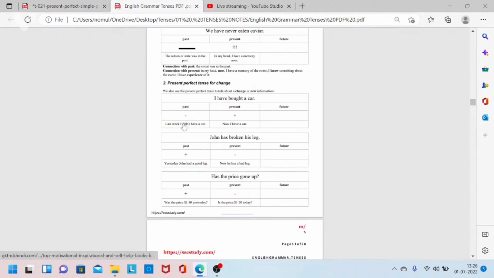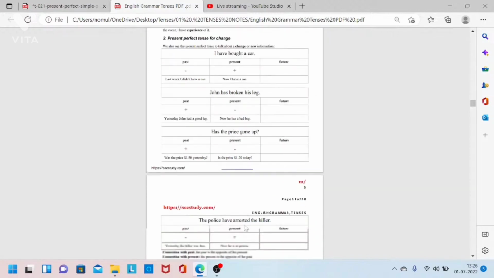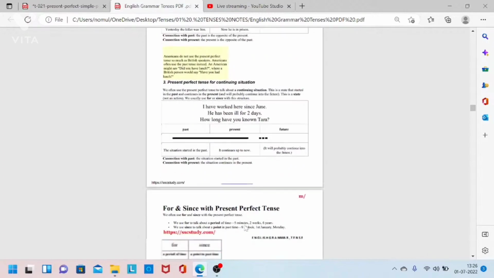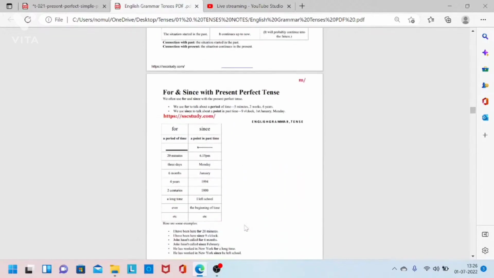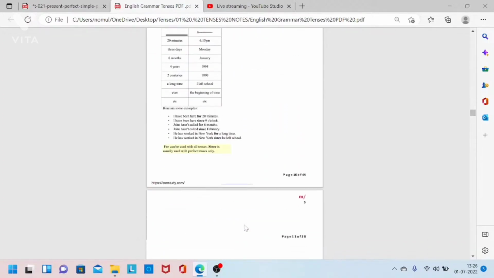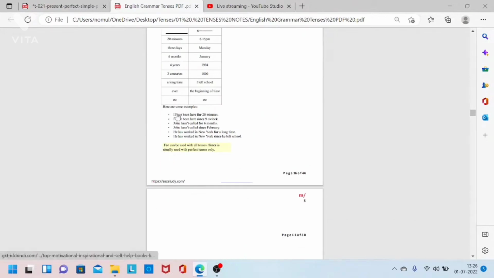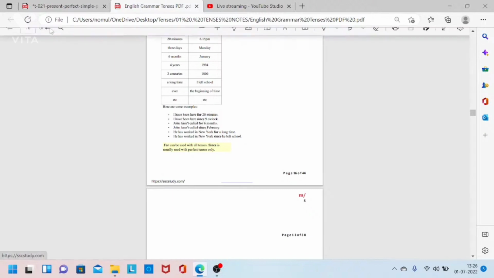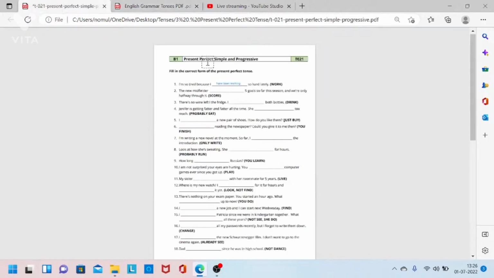Last week I did not have a car. Not this, let's have a good example. See here it is: I had been here for 20 minutes. So we have been using I have been, and the same pattern for the past perfect, simple and progressive. This answer is right. Let us look for the second.